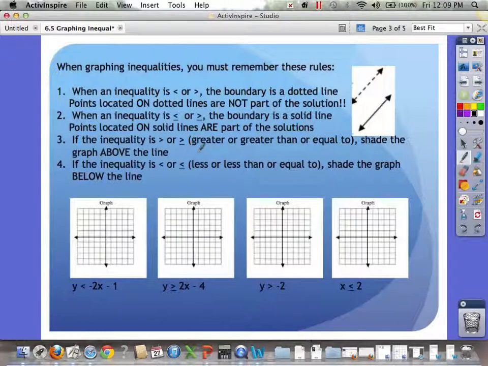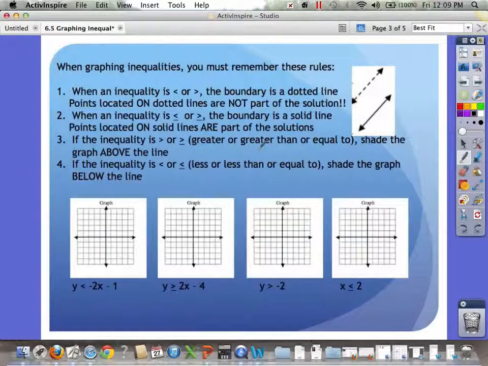Now, if it is a greater than or equal to sign, then we're going to shade our graph. It's going to be shaded above the line. All points above that are greater than. And if it's a less than or equal to, we're going to shade below. Okay? All right, so let's practice on these and you'll see what I'm talking about.